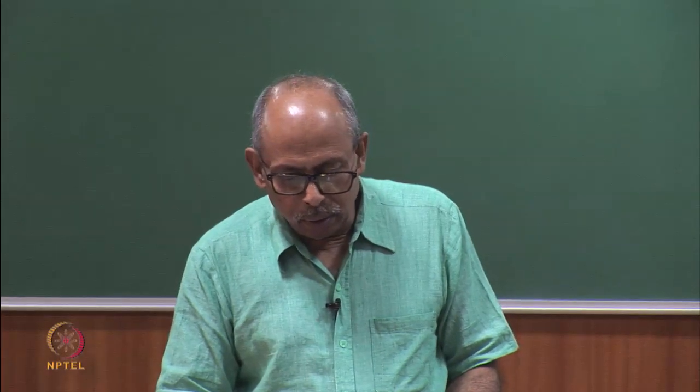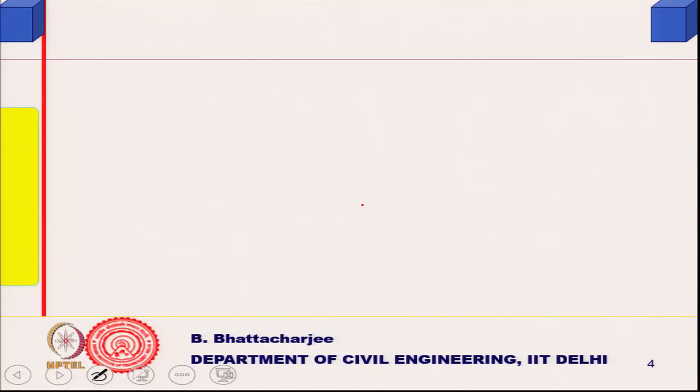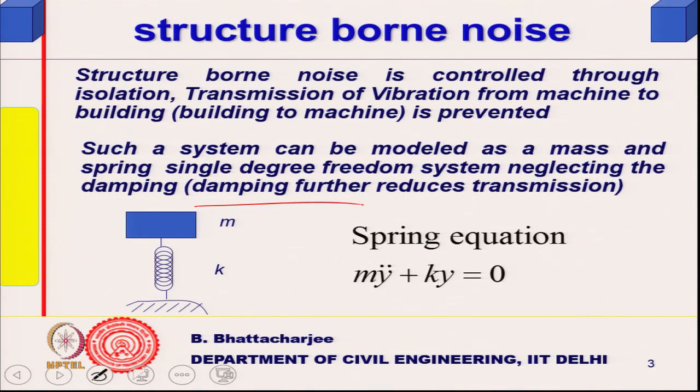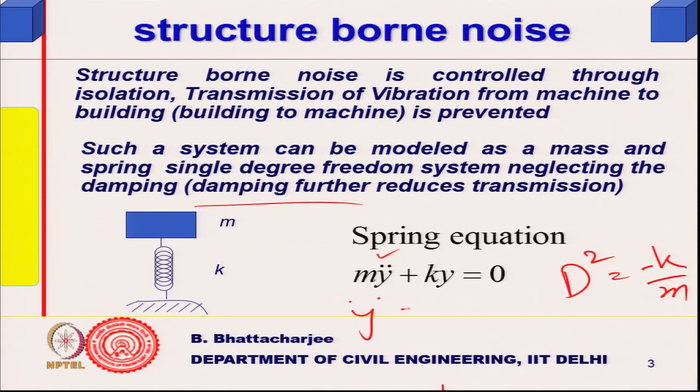Okay. So, if you want to solve it, the auxiliary equation is d square equals minus k by m, since y double dot equals minus k by m times y, right.